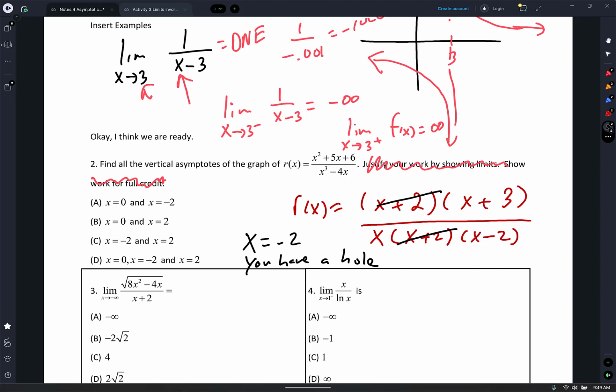You know what I mean? Because my domain does not include 0, -2, and +2. All right, I cancel out my factors. Now that means I have 2 vertical asymptotes because this I couldn't cancel and this I couldn't cancel. So I have a VA at x equals 0 and another one at x equals 2.